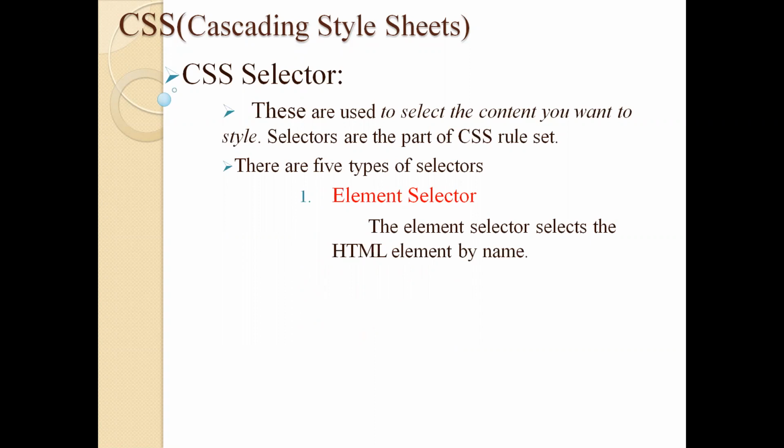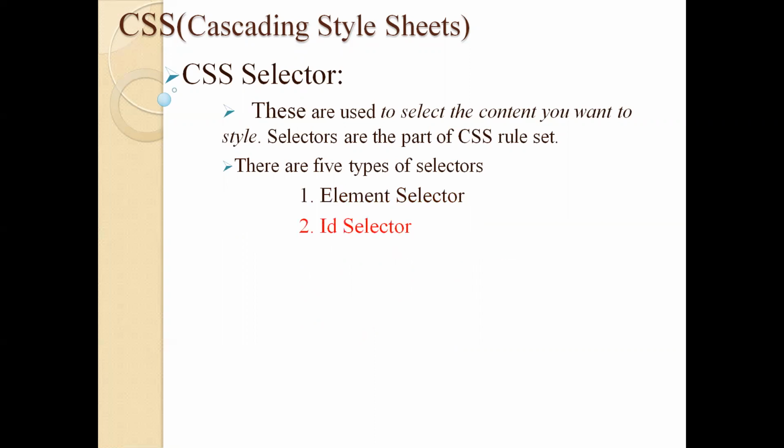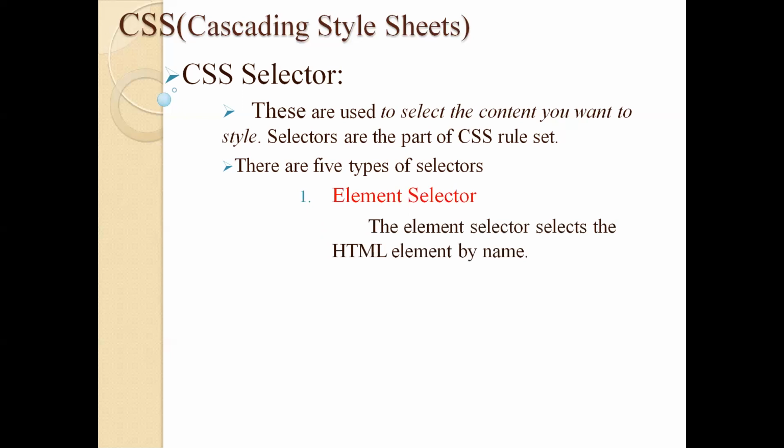The element selector selects and applies some styles by the name of an element, so that whenever we use such an element in the web page, those styles will get applied. Let us move to the program and write some code to see how the element selector can be used.